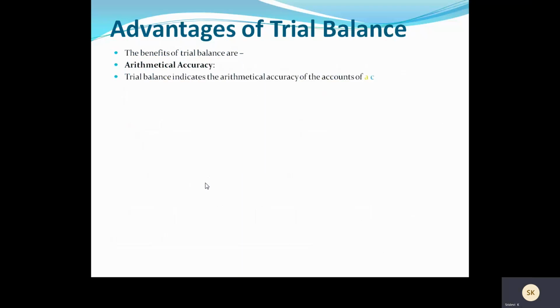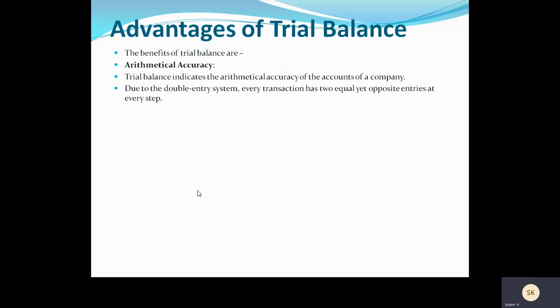Trial balance will indicate the arithmetical accuracy of all the accounts of a company. So whether there is any mistake, any clerical errors, that can be identified if you prepare the trial balance, and you can rectify it there itself before you go for preparation of the final accounts.